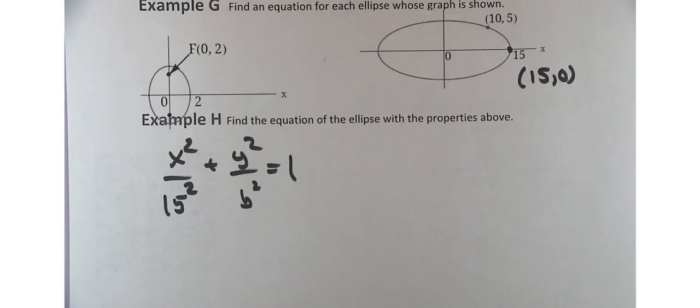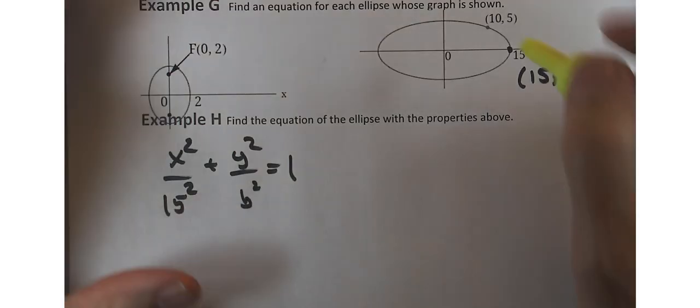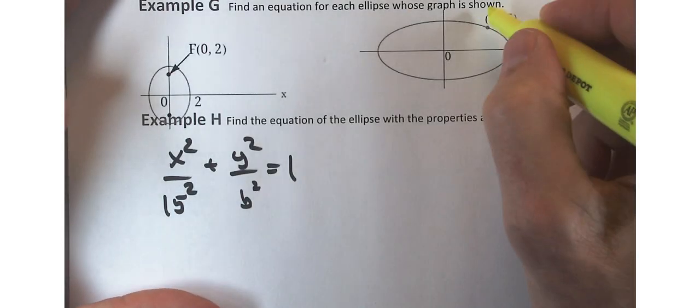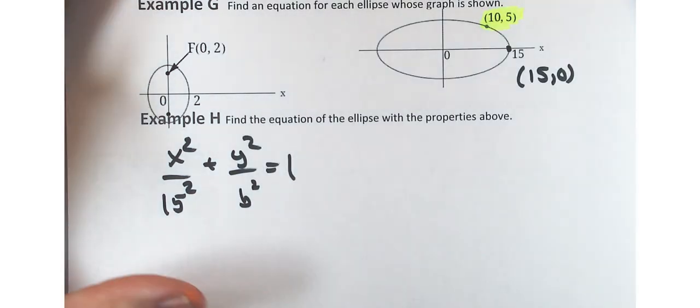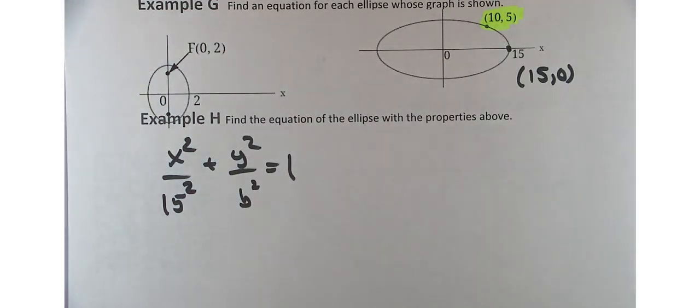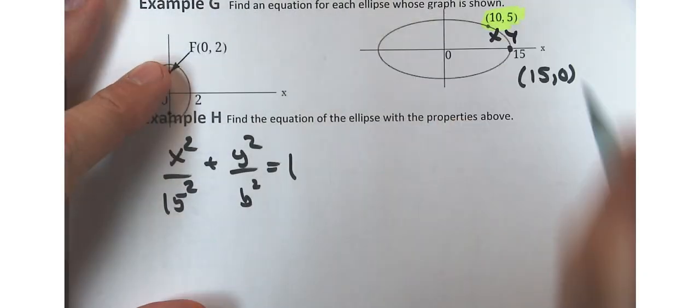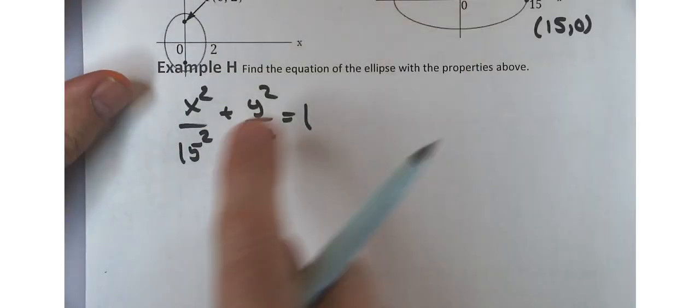But how do I do that? What am I going to do to figure out that exact value? This is the piece of information that I know and I haven't used yet. How can I use that? Plug it into x and y. Yeah, exactly. Thank you. There's your x and y coordinate. That has to fit into this equation.